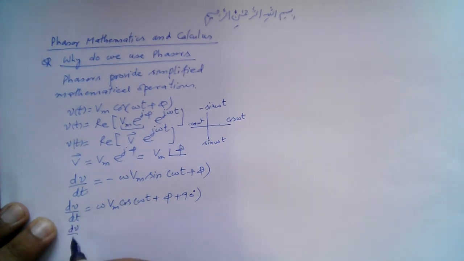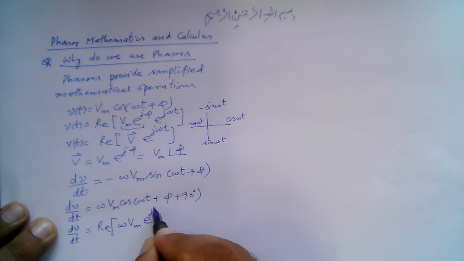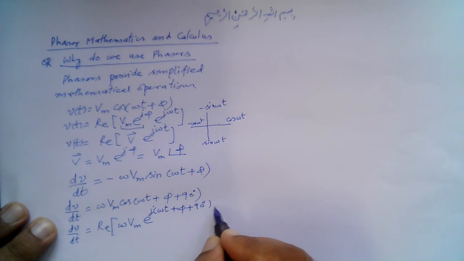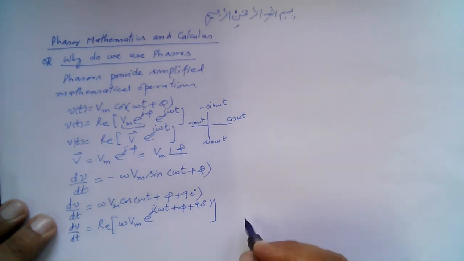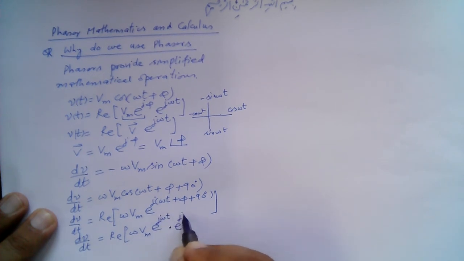So dv by dt is equal to the real part of omega Vm e^(j(omega t plus phi plus 90 degrees)), right? This can be broken down: dv by dt is the real part of omega Vm, e^(j omega t) multiplied by e^(j phi) multiplied by e^(j 90 degrees).